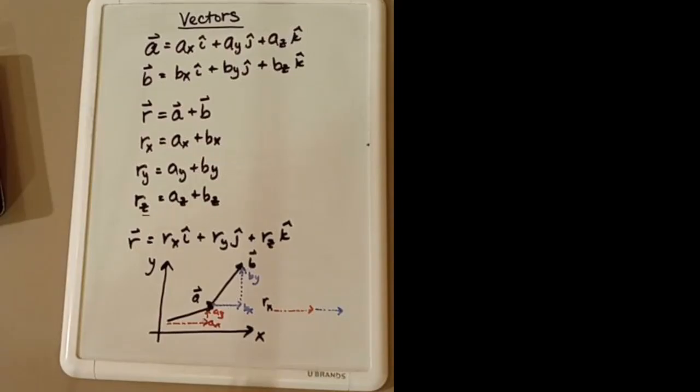So you just add the components together. Again, pretty basic, I think. I think it should be pretty easy if I've explained it correctly. So let me know if you have any questions about that.